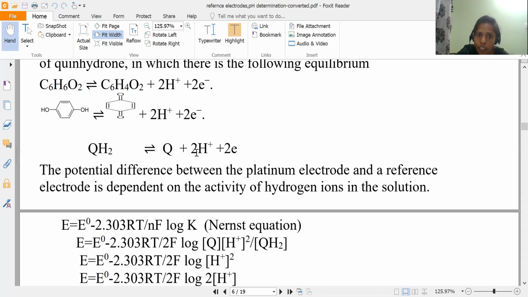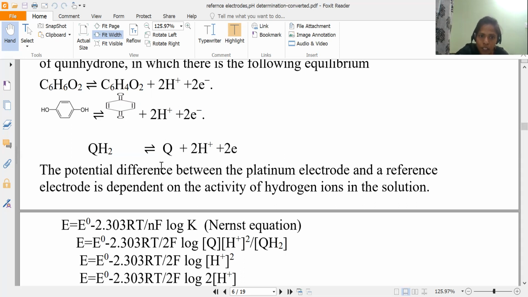Q is one product, H+ is another product, and the reactant is QH2. How do we write the products concentration? If we have more than one product, we write a multiplication symbol in place of the plus. And whatever the number of moles, that must be the power. See here, only 1 mole of Q is there, but 2 moles of H+ are there. The moles must be the power.